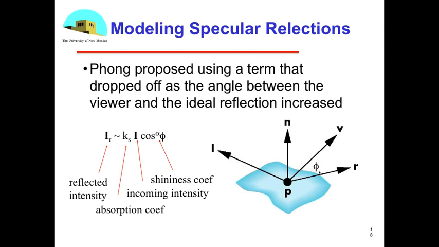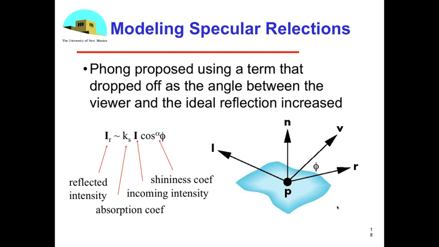Well, what's a function that does that? A function that does that is in fact the cosine. The cosine is maximum when phi is 0, and it goes down to 0 when you get to 90 degrees. Notice also it's symmetric, so when you go in this direction, you get the same result as when you go 90 degrees the other way.